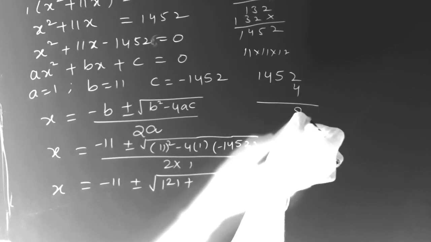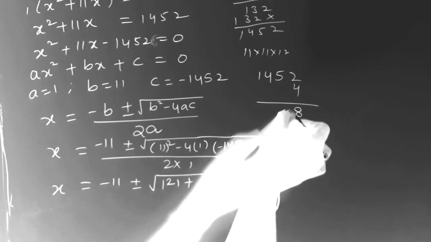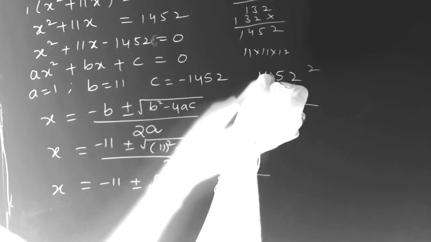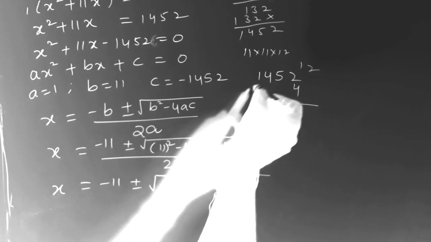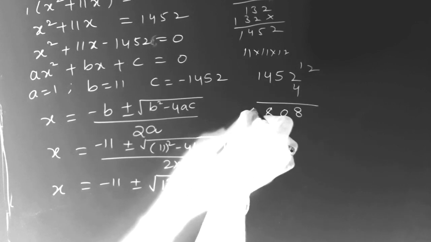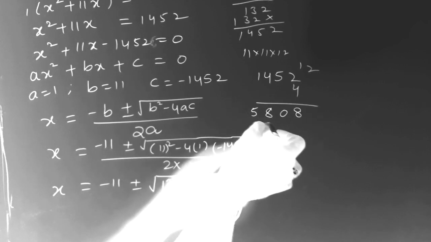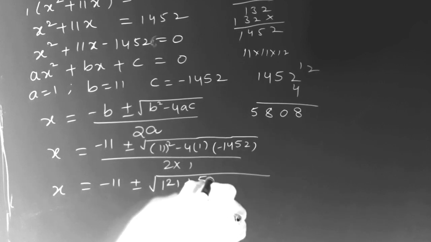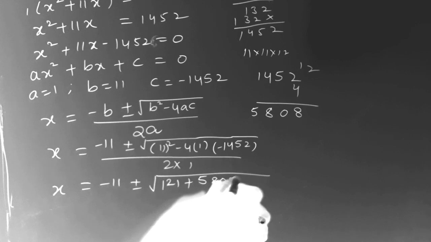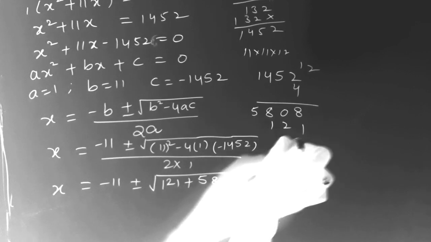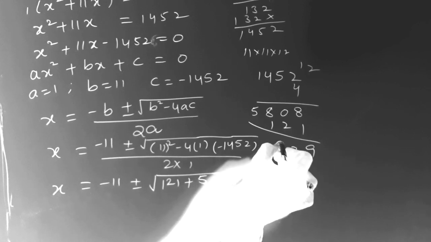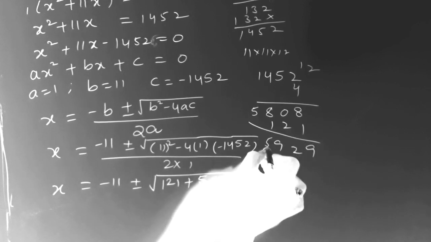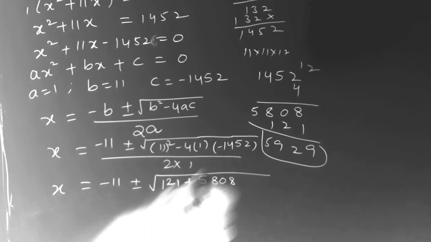Okay, 4 2s are 8, 4 5s are 20, 0 here, 2 here, 4 4s are 16 plus 2, 18, 1 here, 4 1s are 4 plus 1, 5. 5808. So we have to add 121 to this. So 9 here, 2 here, this is 9. Okay, 5929.